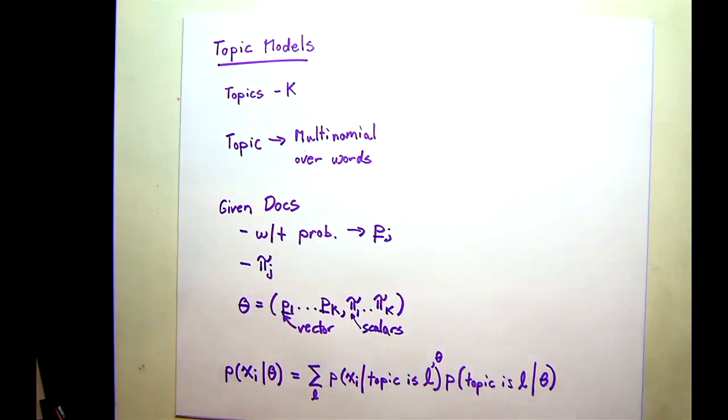Now, we can learn this just like we can learn the clustering with EM. We use EM here in the exact same way. We introduce a delta, and that delta is going to be the assignment of a document to a topic. Those are a hidden variable.